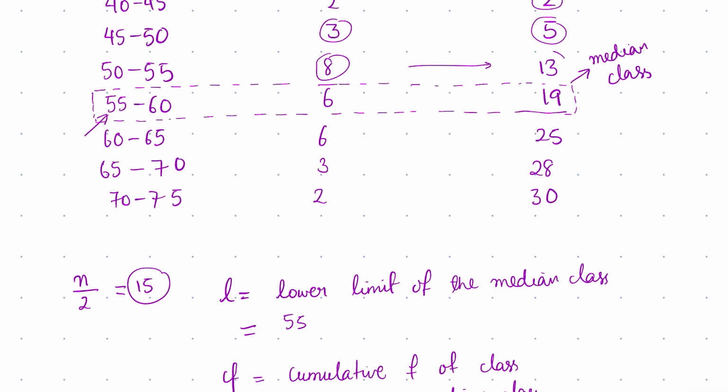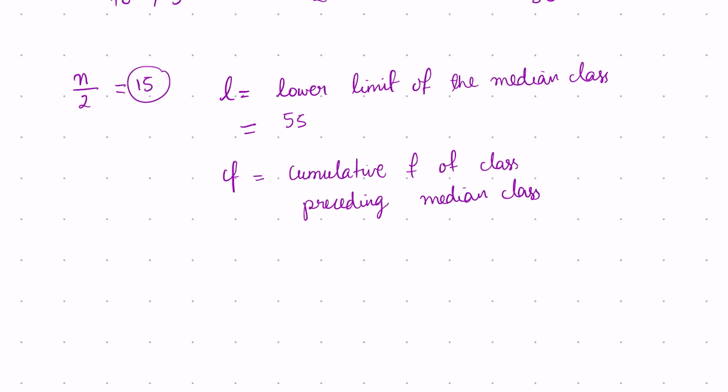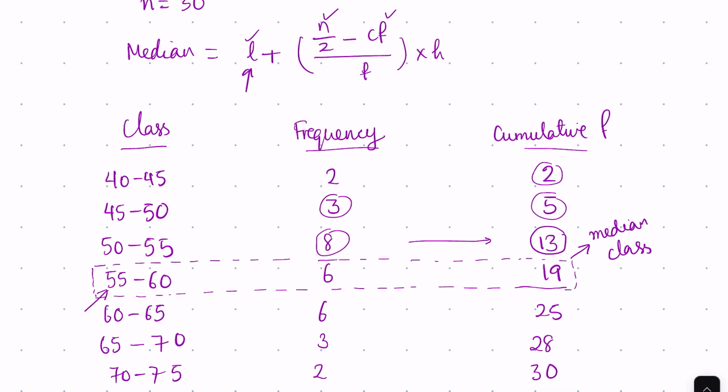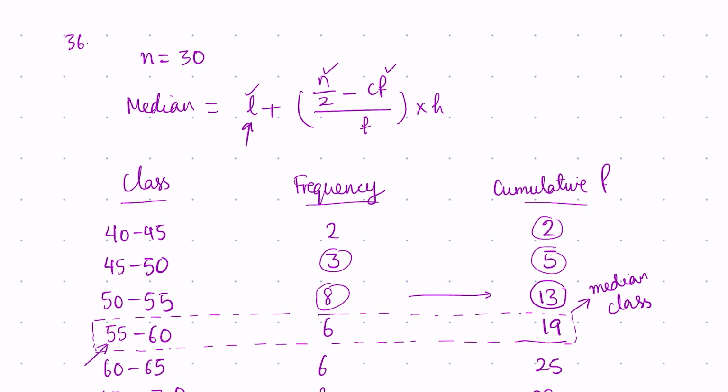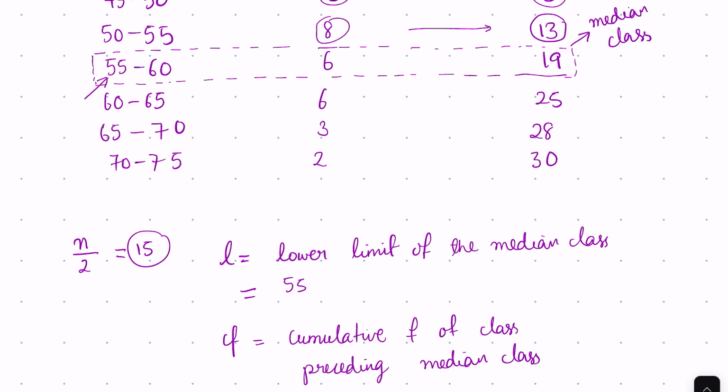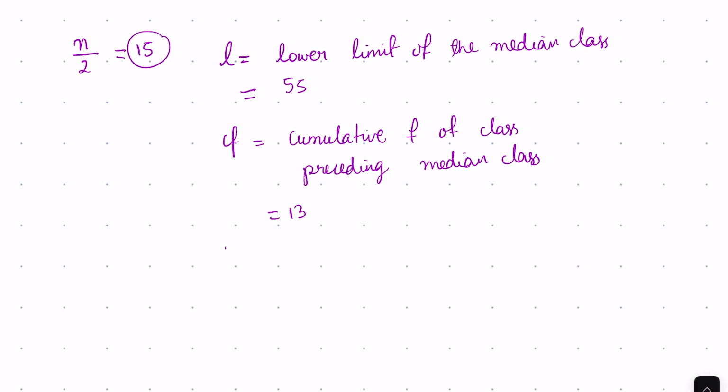So the CF, cumulative frequency of the class preceding the median class, is 13. Now what is F? F is the frequency of the median class, that is nothing but 6 in our case.